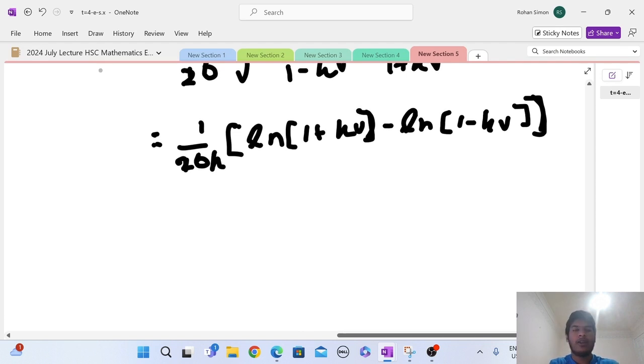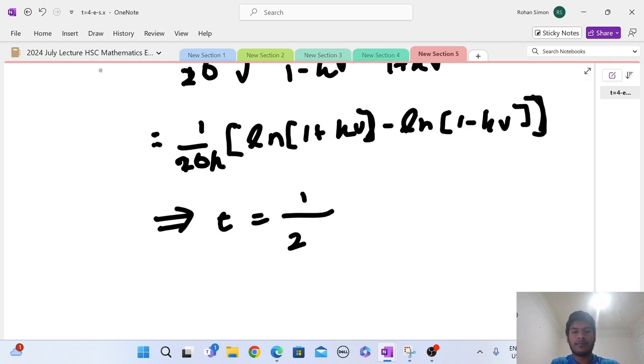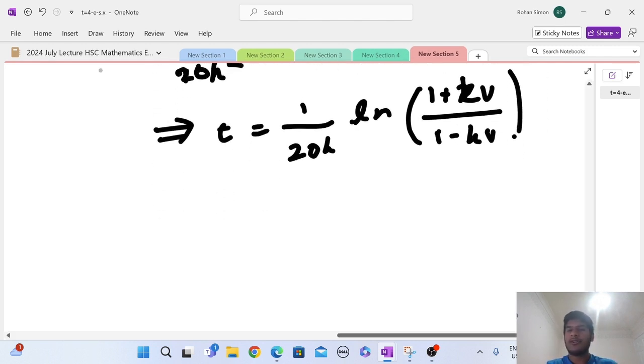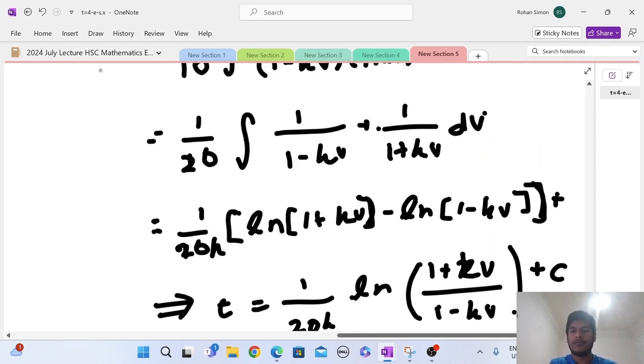And so from there, we can express that as t equals 1 on 20k ln((1 plus kv)/(1 minus kv)), right? And we've got the plus c as well, because it's an indefinite integral.